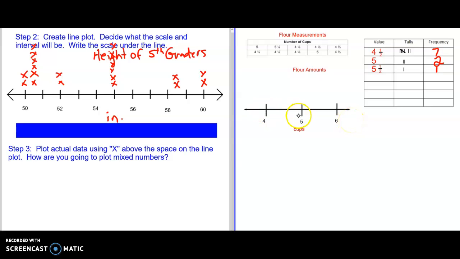So I have 4 and 5. Now, since I don't have a 4.5, it would be right here. So all 7 of those X's would get plotted, 3, 4, 5, 6, 7, right above there. And then above 5, there would be 2, and above 5.5, hovering in that empty space, halfway between 5 and 6, we would have that one.